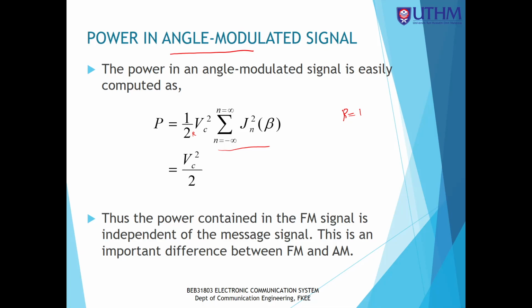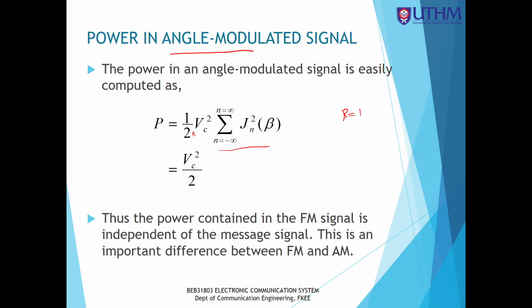R is assumed as 1 in this slide. The power equation is still the same as previously, and in the future we still use the same power equation. In this slide the resistance is equal to unity, which is 1.